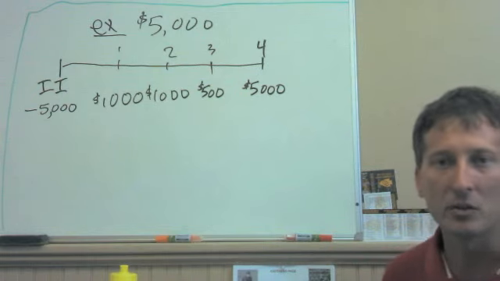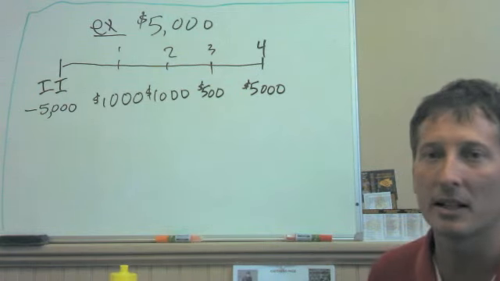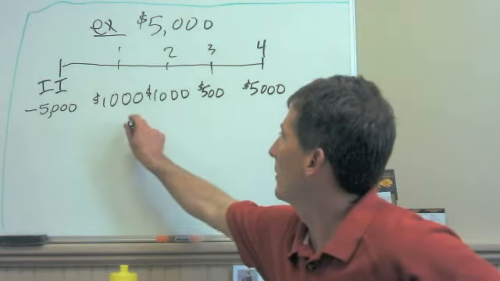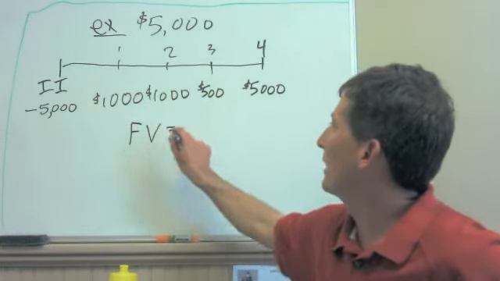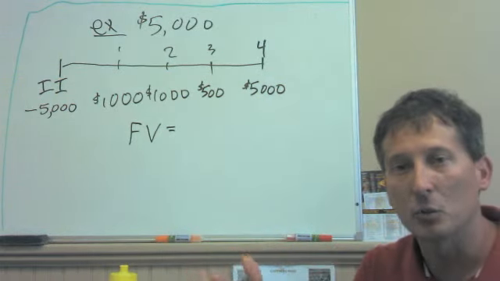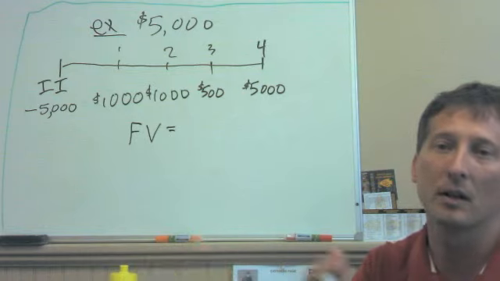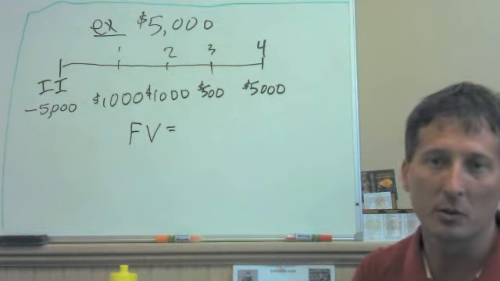We can go back and use the time value of money equation, where you might remember the future value of $100 1 year from now is the rate of return that you get plus your original investment.